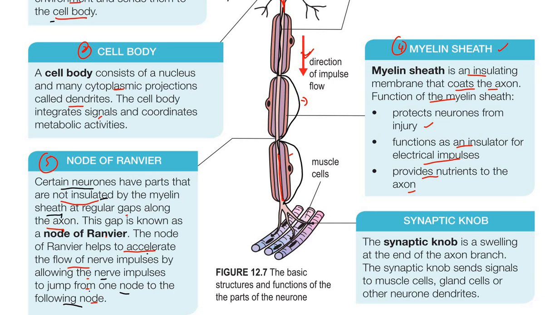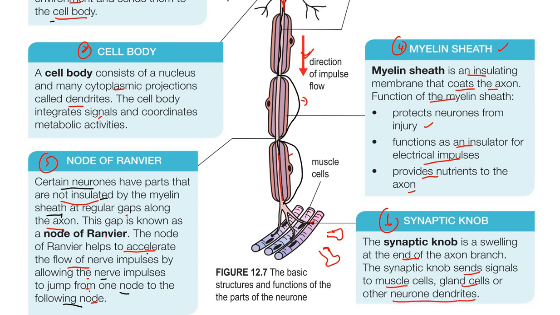Okay, and then the last one, we have number 6. We have the synaptic knob. The synaptic knob is a swelling at the end of the axon branch. So we have a swelling here. If you make it bigger like this, it's like a swelling structure. The synaptic knob sends signals to the muscle cell, gland cells, or other neurons.